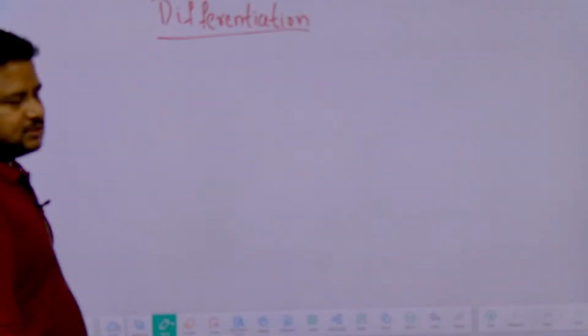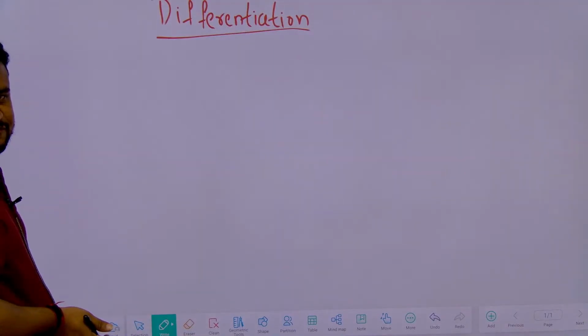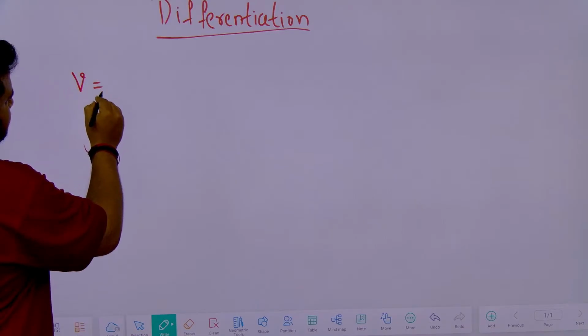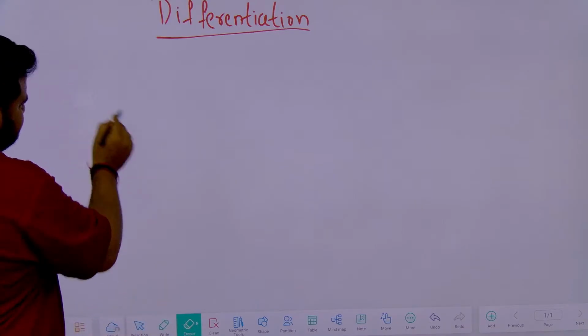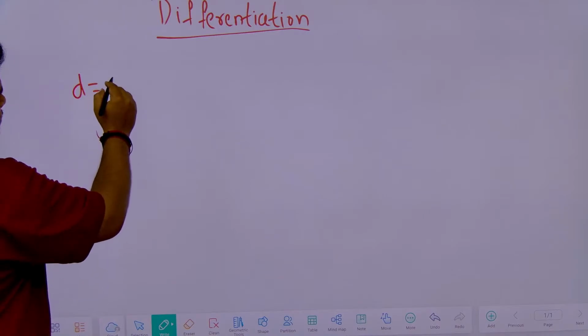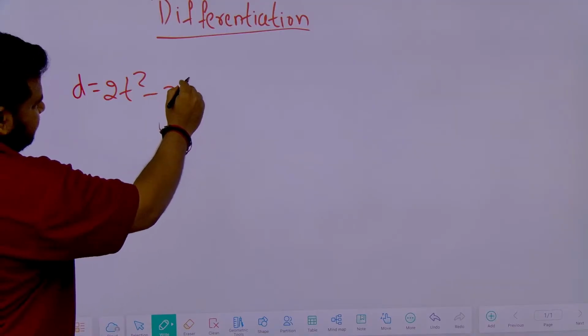Okay, suppose they give some function of velocity in terms of time. Suppose they give distance. Distance is given by 2t square minus 3t.